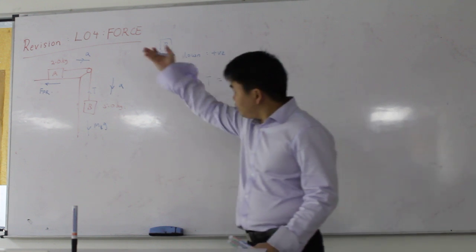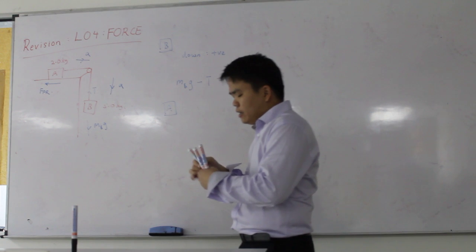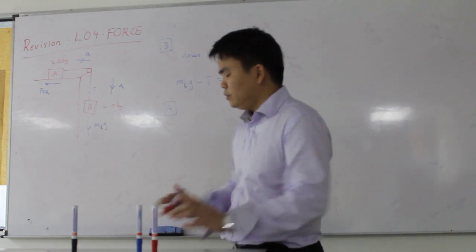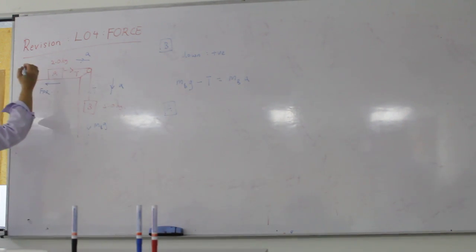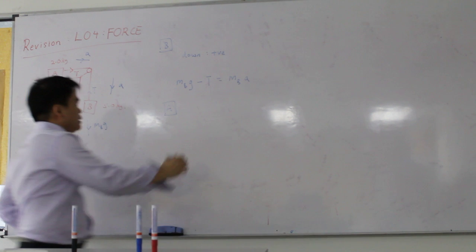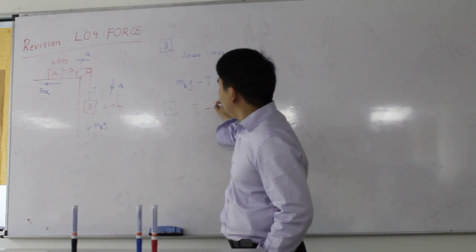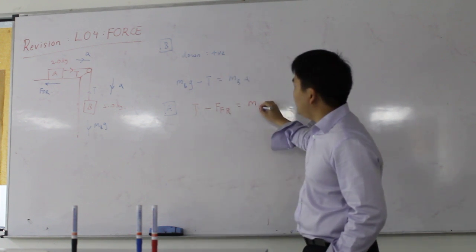On the other hand, for object A, we consider to the right is positive, then we may say that since there is a tension here, always away from the A, then we can say T minus FFR equal to MAA.